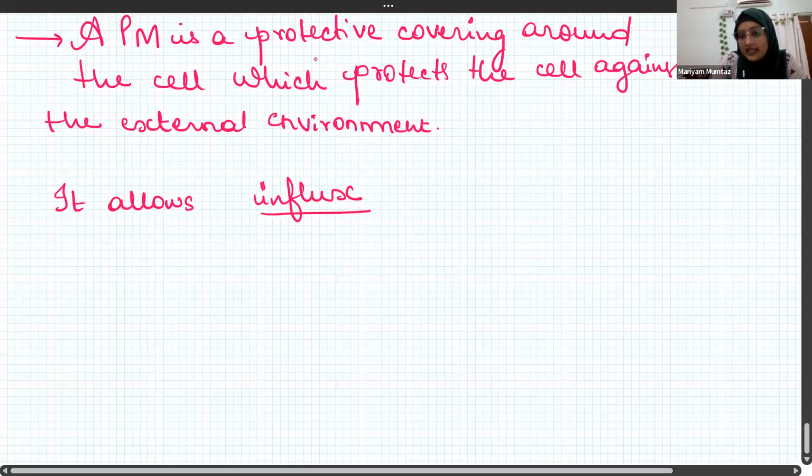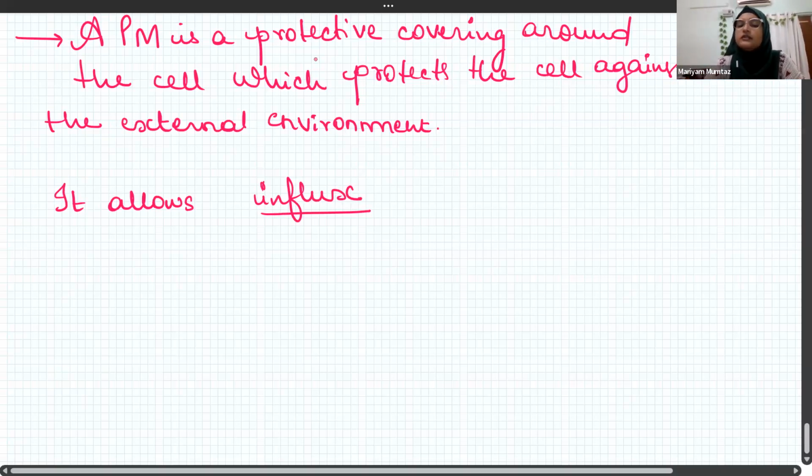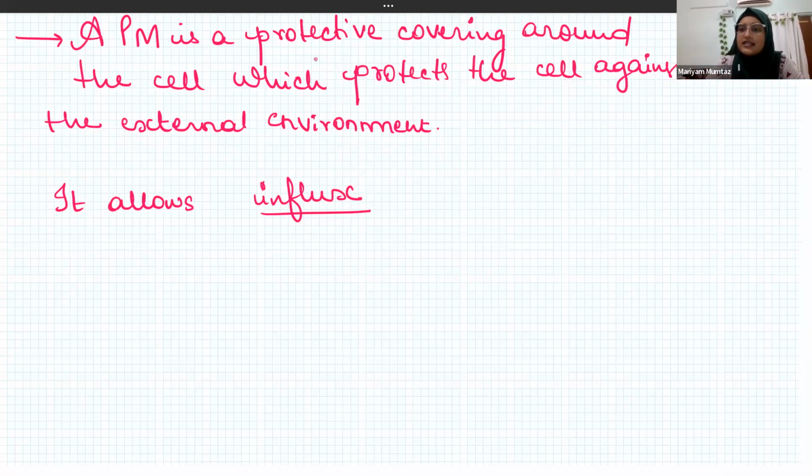It is coming inside. Or it can allow the waste materials or different kinds of materials to go out. That is efflux. So influx and efflux are clear to you? Influx can also be known as inflow.